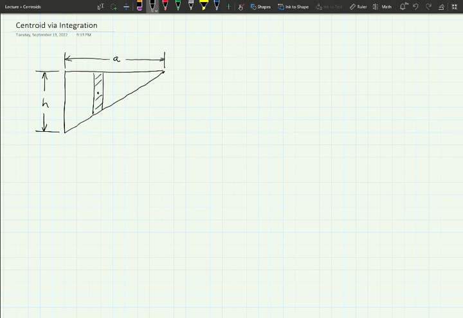Okay. And this point will be called y bar L, and we are y here, and this will be x to here, and this will be dx.